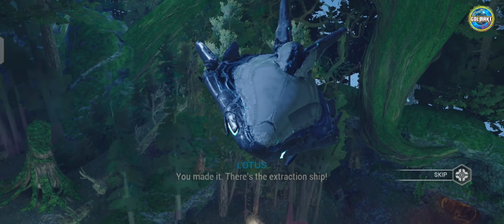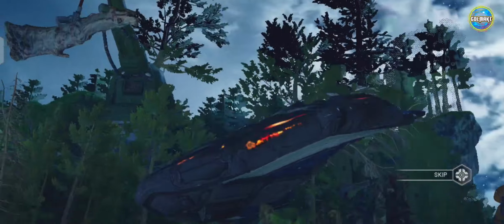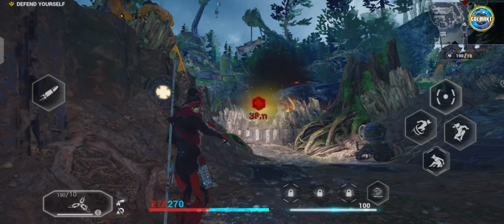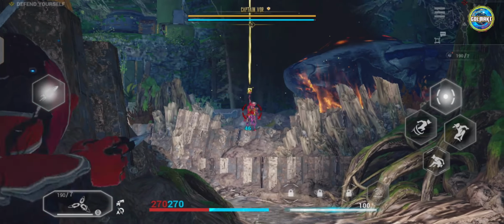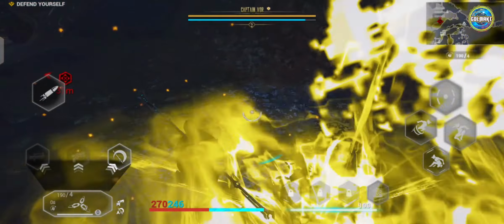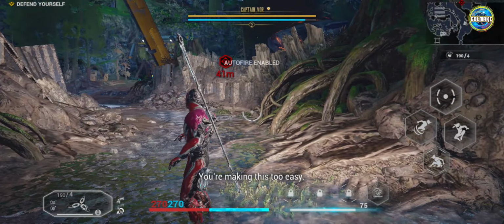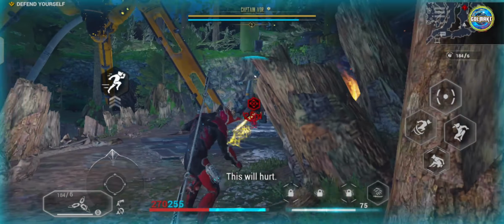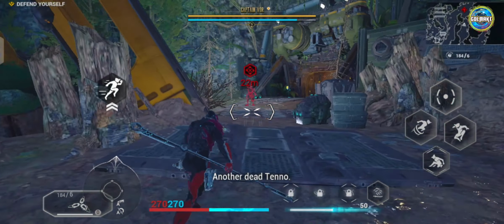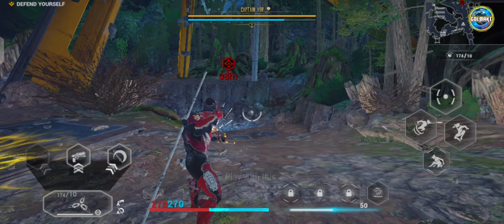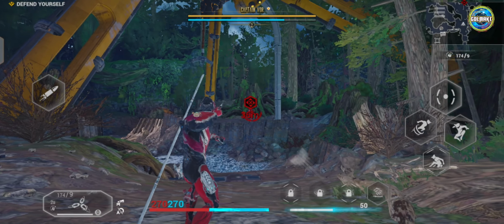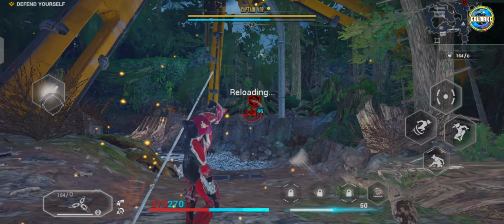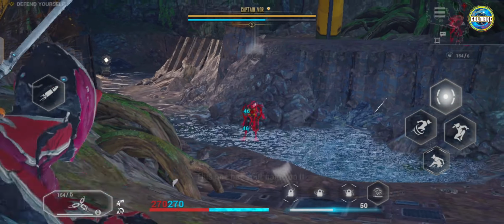There's the extraction ship. This one has your name on it!